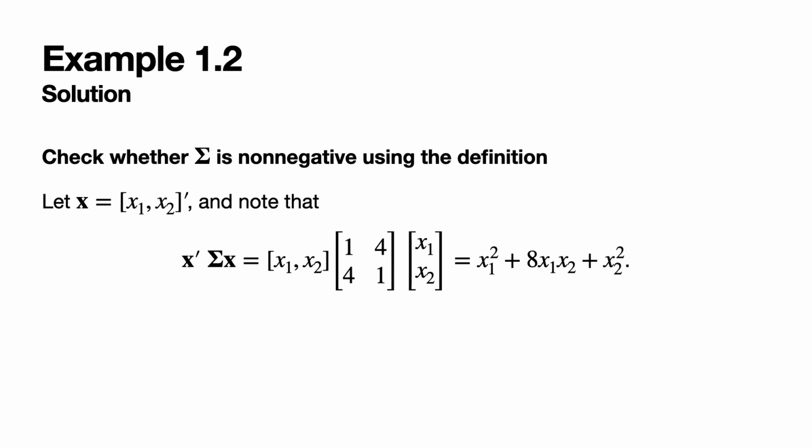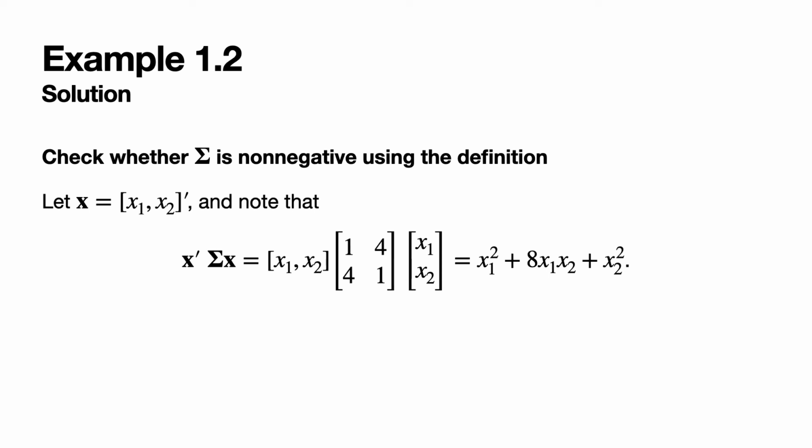All right, the next thing I want to do is to show how we could check whether cap sigma is non-negative using the definition of a non-negative matrix. And so let lowercase bold x be a 2 by 1 vector containing the variables x1 and x2.